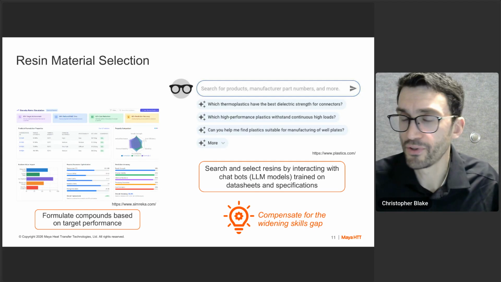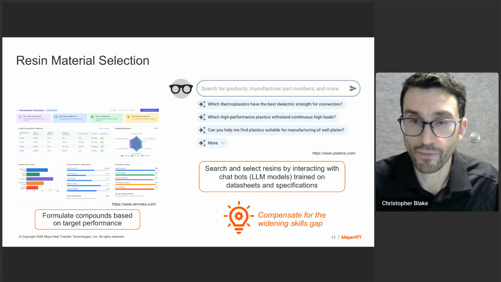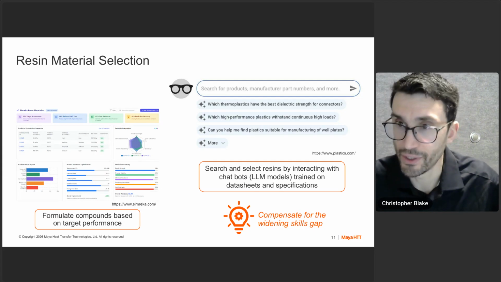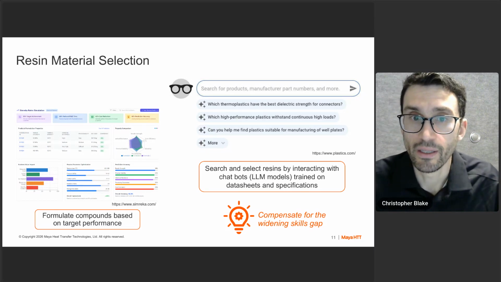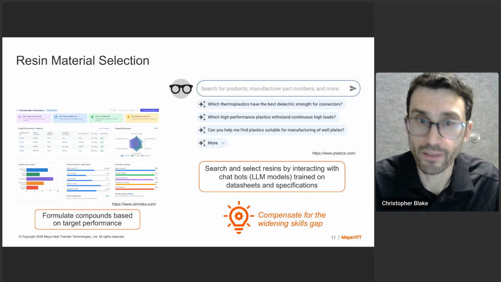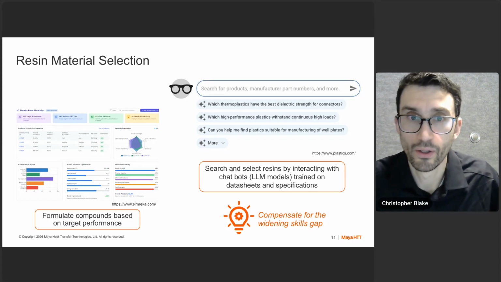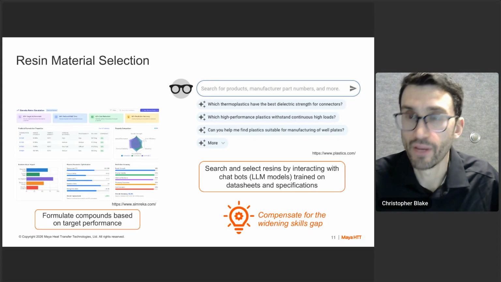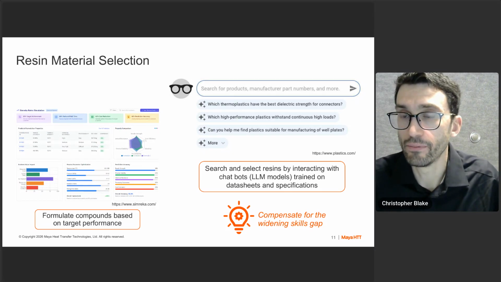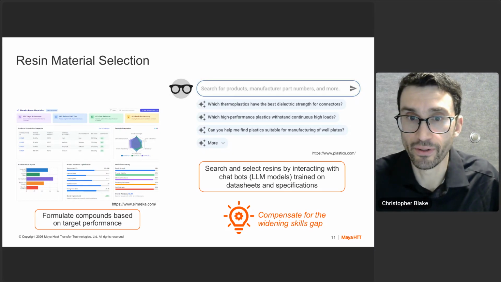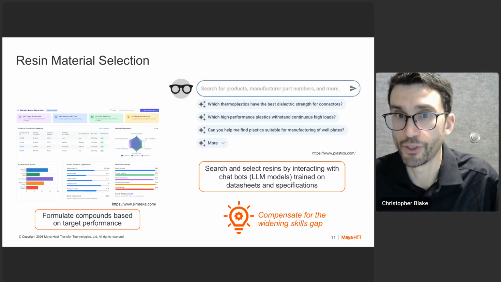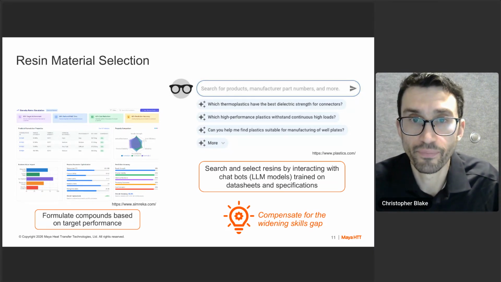Large language models, or LLMs, again, a term that you probably have heard of. This is the technology behind ChatGPT. These can be trained or augmented with information from data sheets, specs, or best practices, thus helping newer engineers and designers with kind of an interactive virtual expert that they can consult.